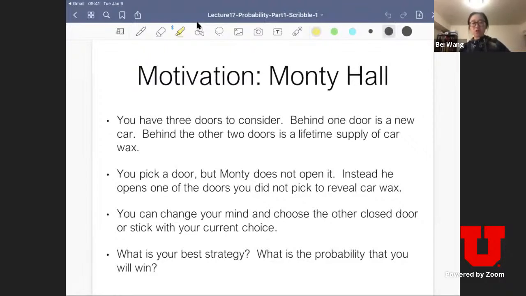Now you can change your mind and choose the other closed door or stick with your current choice. So the question is, what is your best strategy and what is the probability that you will win? Hopefully, after learning about probability, you will be able to come up with the optimal strategy for this problem.